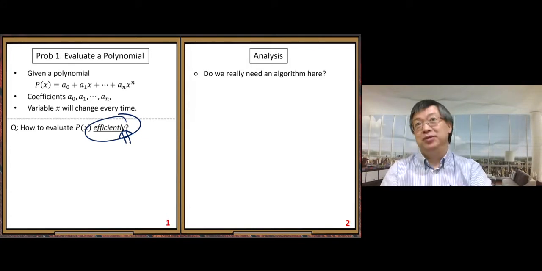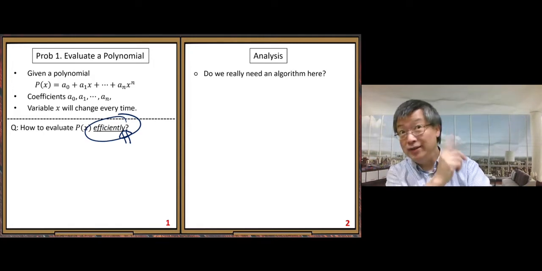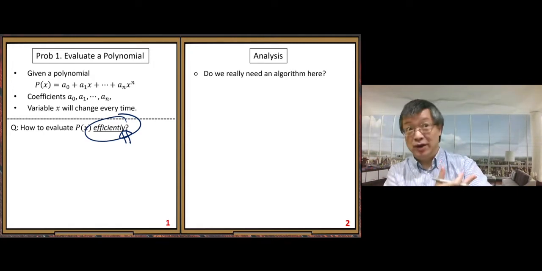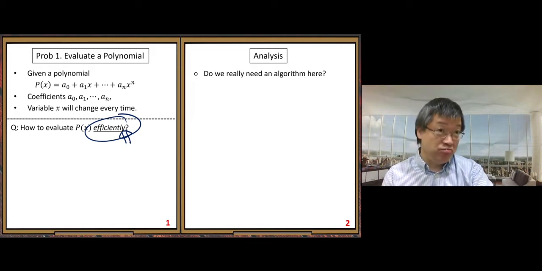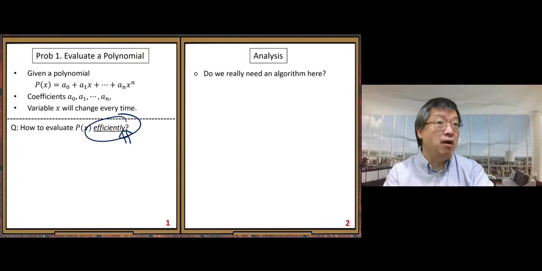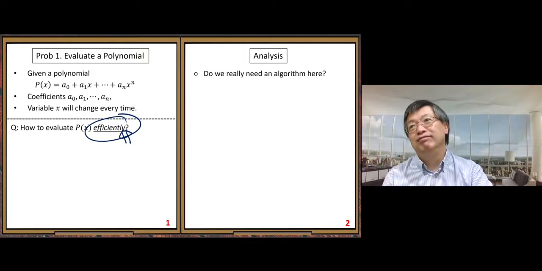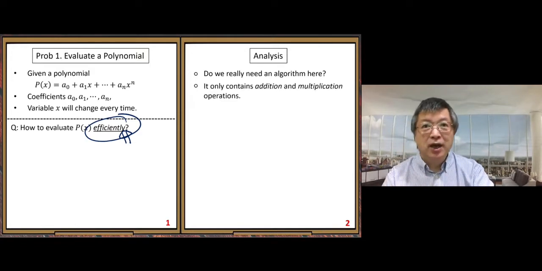The usual one, everyone knows that one. But the question is, do we really need some very special algorithm to solve this problem? That's the point. Okay. So let's do more analysis.